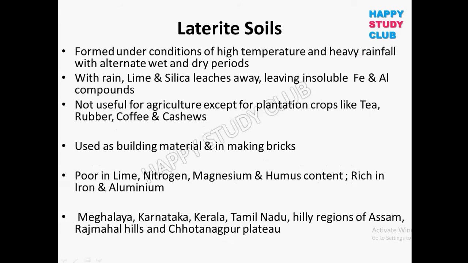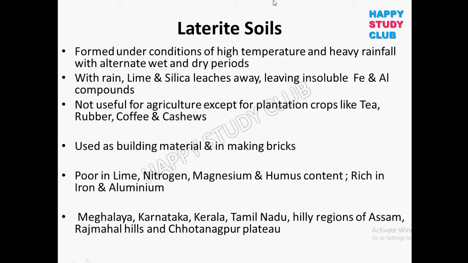Now let's see, the next is laterite soils. Laterite soil forms under the condition of high temperature and heavy rainfall with alternate wet and dry periods. As we discussed earlier, laterite soils are found in regions that receive very heavy rainfall.